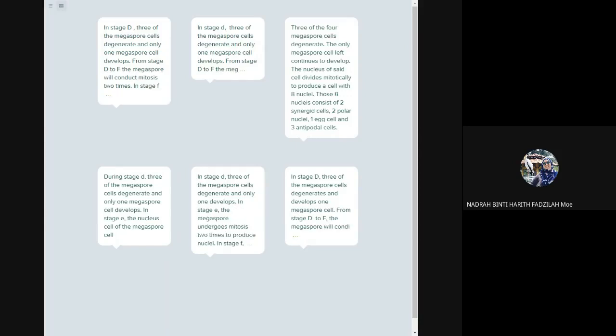Ini adalah antara kepentingan melihat kepada diagram dan soalan. So diagram tunjuk semua stage, tapi soalan minta sampai F saja, 3 stage saja, D, E, F saja. Okay, you have to be careful with that ya.